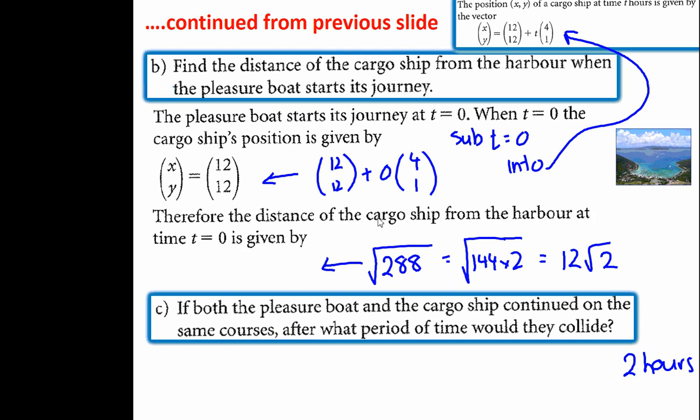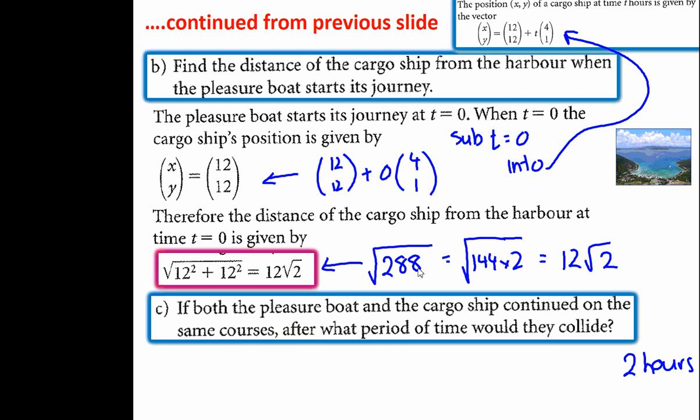Therefore, the distance of the cargo ship from the harbour when the pleasure boat starts its journey is given by the magnitude of the position vector. So 12 squared plus 12 squared is 144 times 2, 288, and this is a multiple of 4.